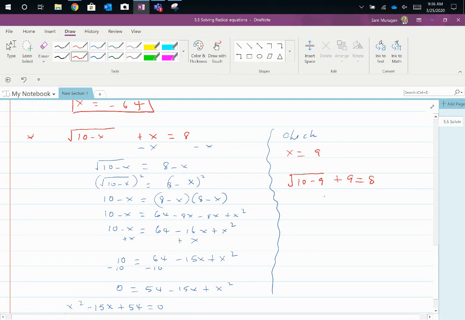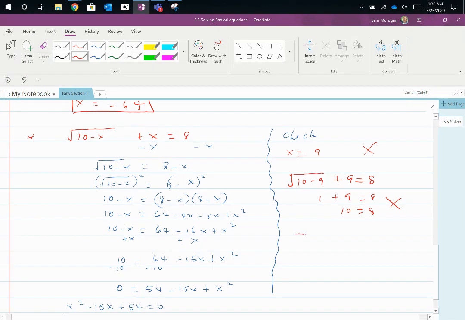So the square root of 1 is 1. So this is 1 plus 9 is equal to 8. So this 10 is equal to 8. So this solution is no good. Okay, no good.